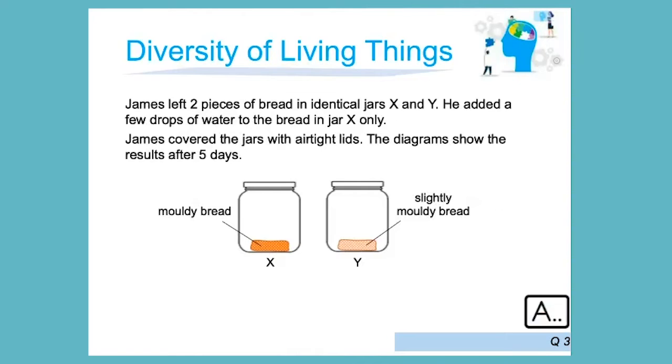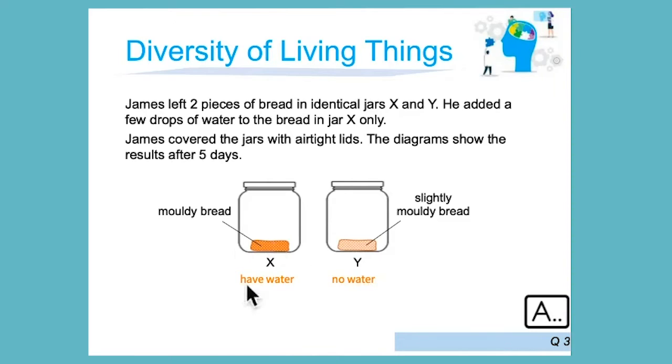Next question. James left two pieces of bread in identical jars X and Y. He added a few drops of water to the bread in jar X, and then he covered the jars with airtight lids. The diagrams show the results after 5 days. Usually, I will write on the diagram itself to note why there's no water. Based on this, does it help me differentiate?